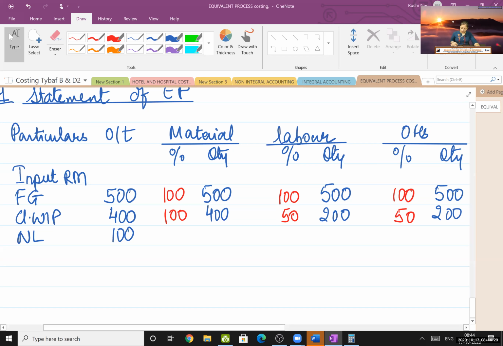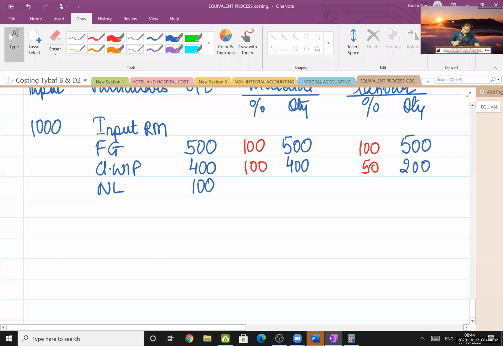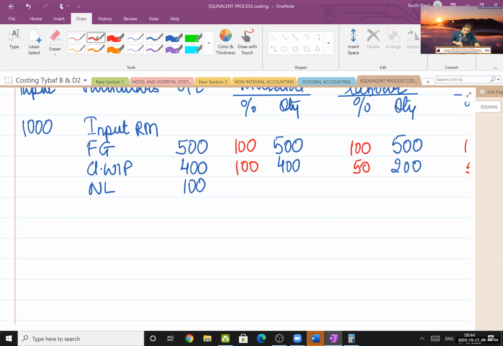Next, come to normal loss. Students, for normal loss write down a note: normal loss is expected loss, a loss which is not in my control; it is going to happen. For example, say I'm a manufacturer of a liquid chemical. When I put the raw material inside the container and heat it, there is a heating process in which evaporation takes place automatically.